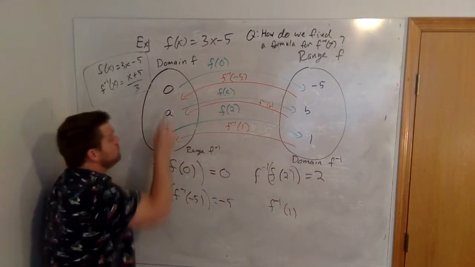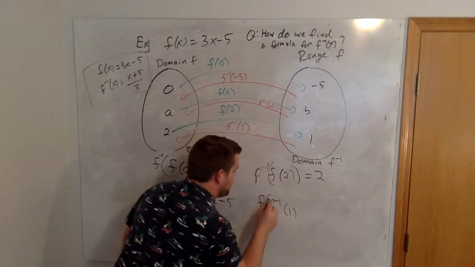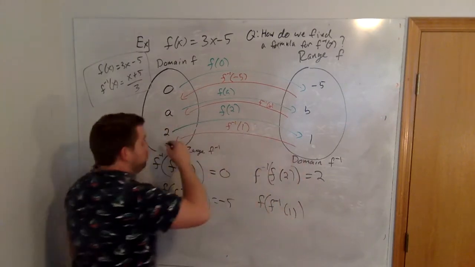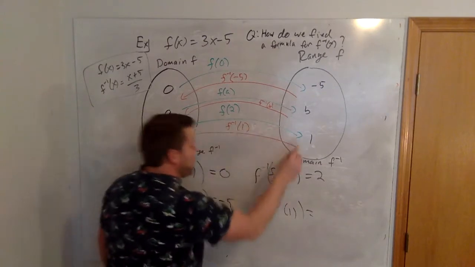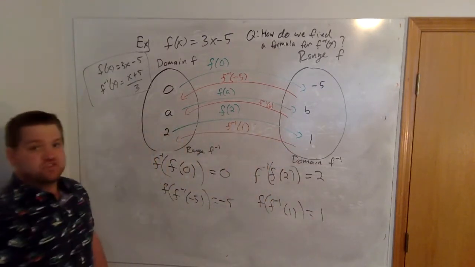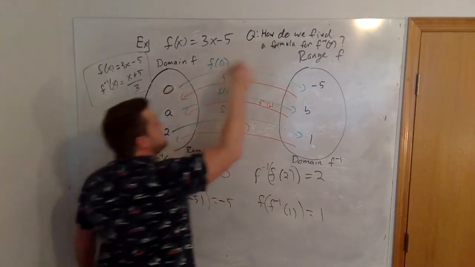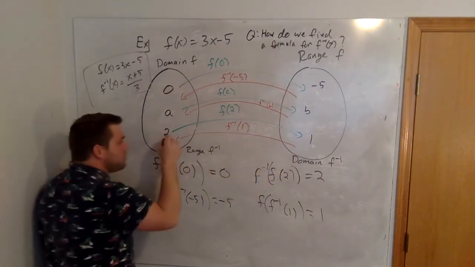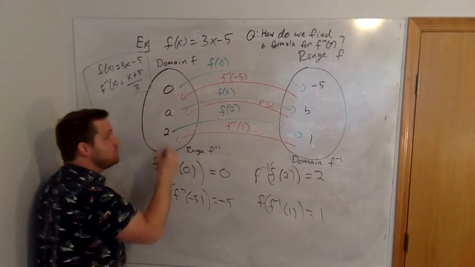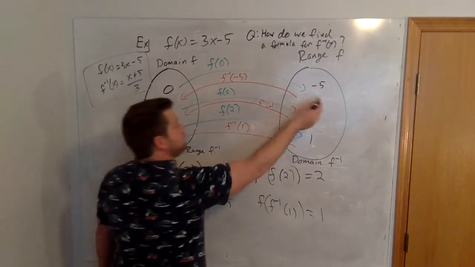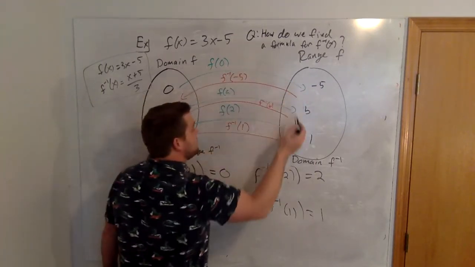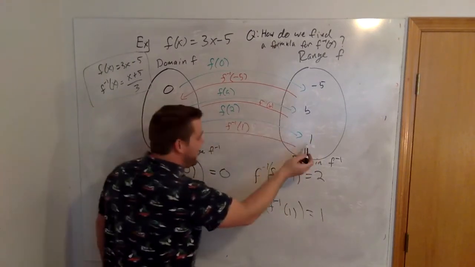And if I plug 2 back into f, that's going to bring me back to 1. So what are we doing? In this top row, I'm starting here, I'm going here, I'm going back. Or the other way around, the bottom row, I'm starting here, I'm going here, I'm going back.